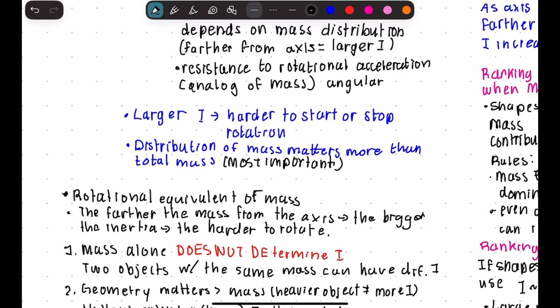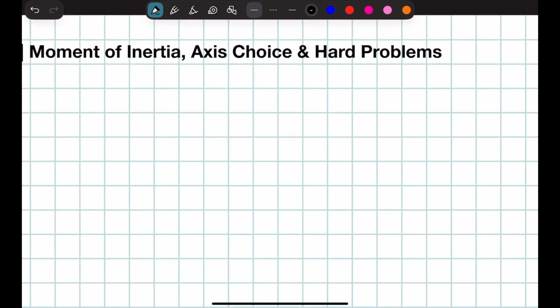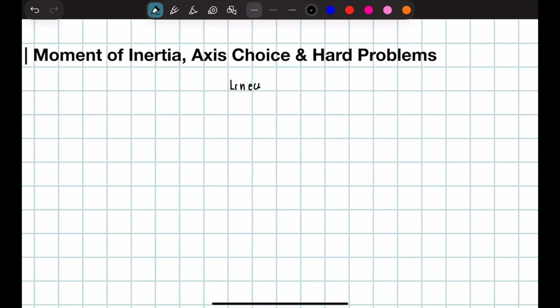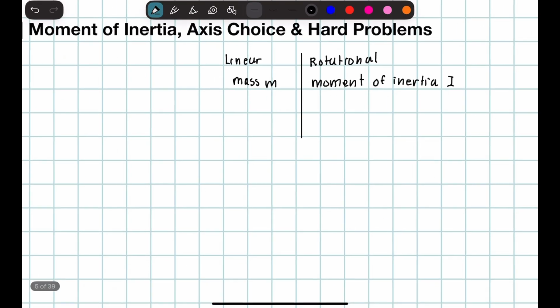which is very important. So let's compare quickly linear versus rotational. Let's reiterate. In linear you have mass m, but in rotational you have moment of inertia, which is just I. Here you have force F, and here you have torque tau.